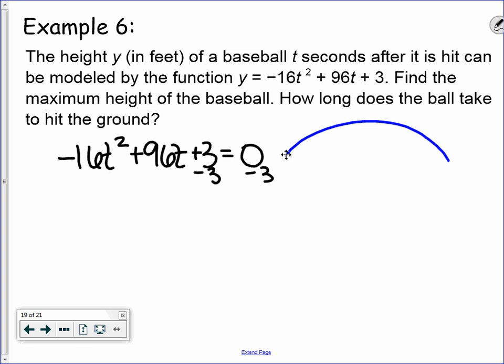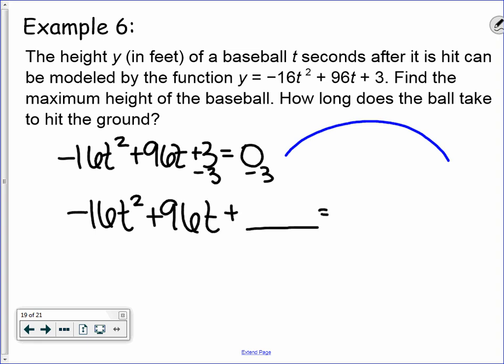So what you're going to do is rewrite this. We've got negative 16t squared plus 96t. We've got to complete the square, so we're taking negative 3 and adding c to both sides of the equal sign. Now, before we do that, I want you to look at taking that 16 out of there.